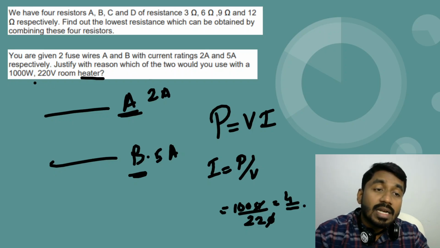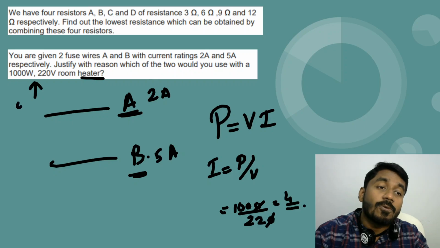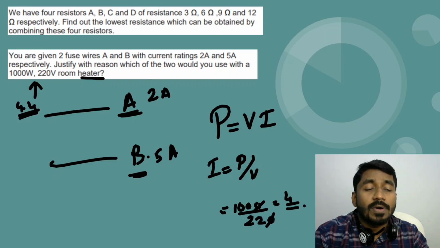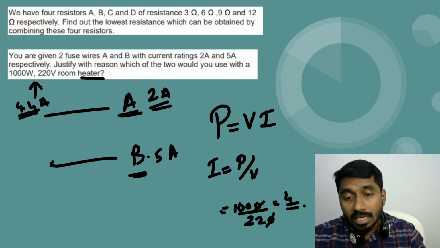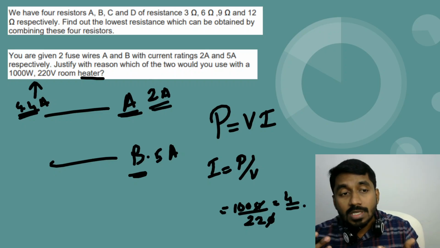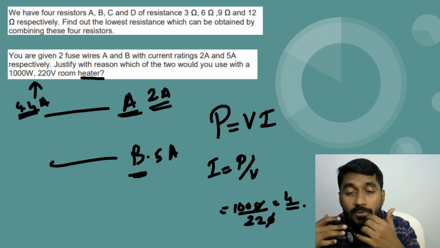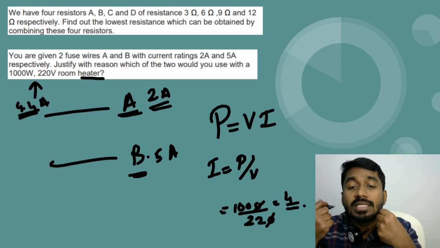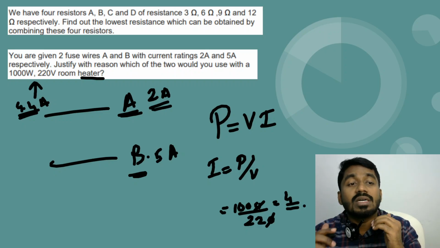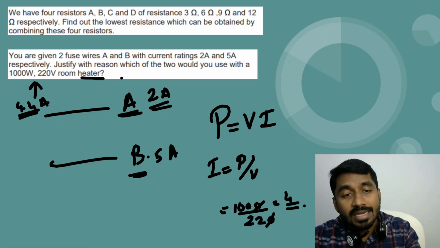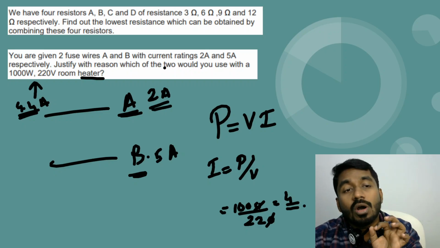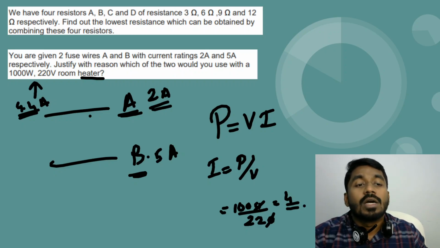The current required for the heater is 4.4, I am taking 4.4 ampere. Here we cannot use the 2 ampere fuse. If you use a 2 ampere fuse, 4.4 ampere current passing through it will make it burn and melt. But which is the exact answer for the question, which of the two would you use with a room heater?